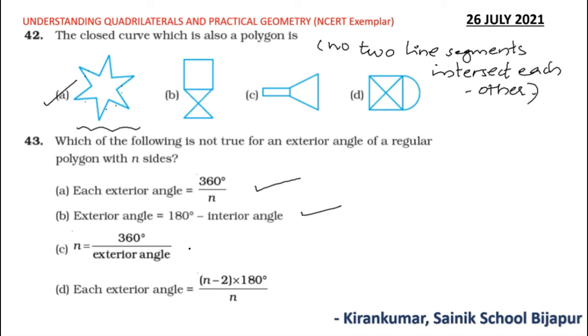The number of sides is 360 divided by exterior angle, so this has to be each exterior angle. Still it is correct. Each exterior angle is given by (n minus 2) into 180 degrees divided by n. This particular thing is not true.